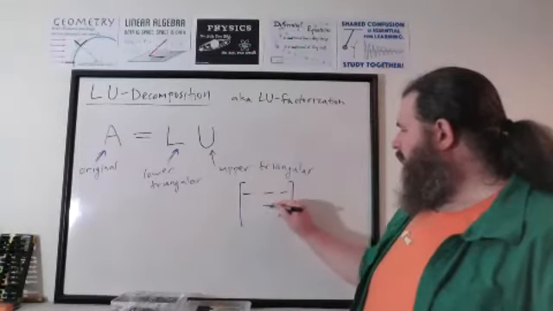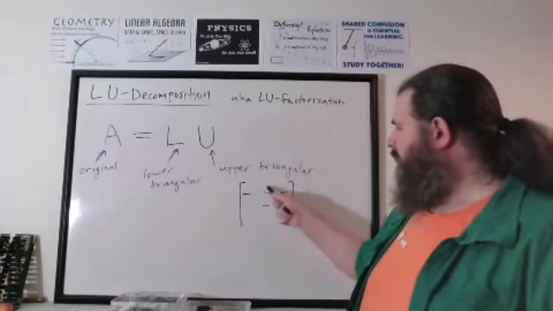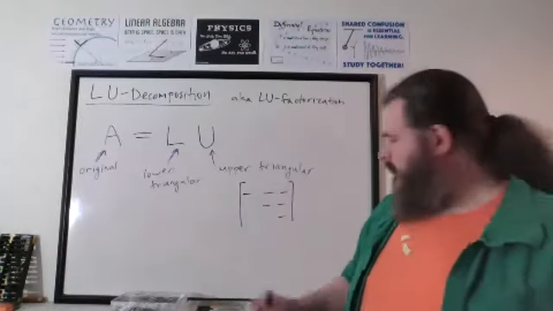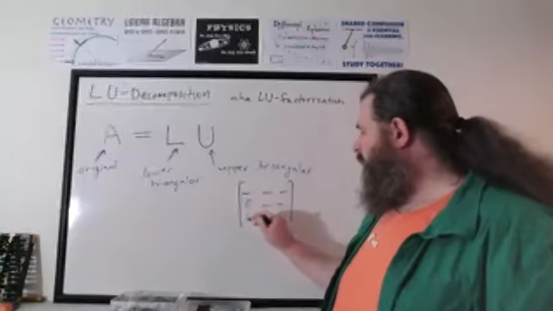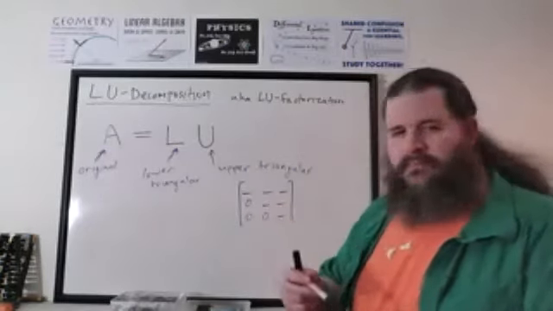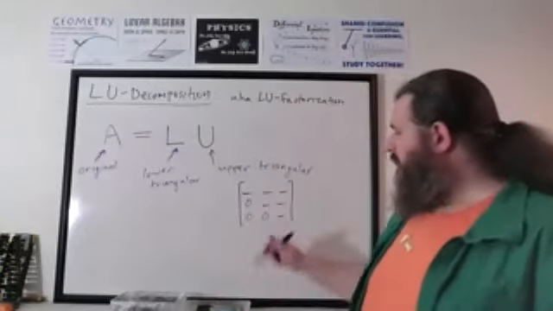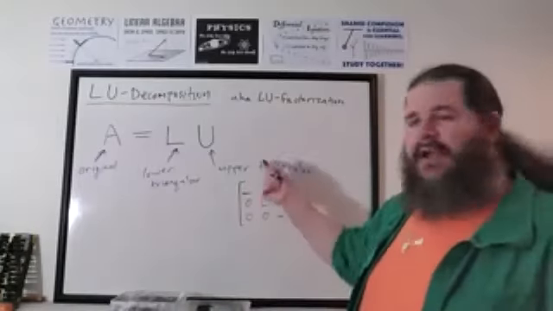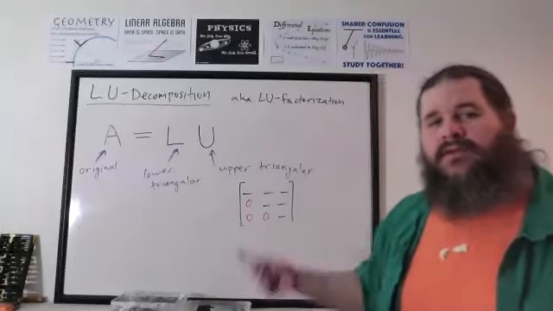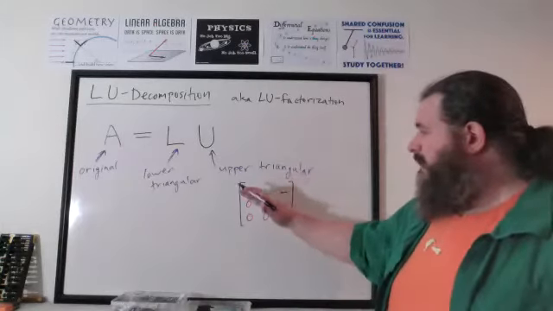So the main diagonal and everything above it could be any values. But the important thing is everything that's not in that upper triangle must be zeros. So by definition, any matrix where everything below the main diagonal is all 0 counts as upper triangular. Note that this doesn't say anything about what's in the upper triangle.